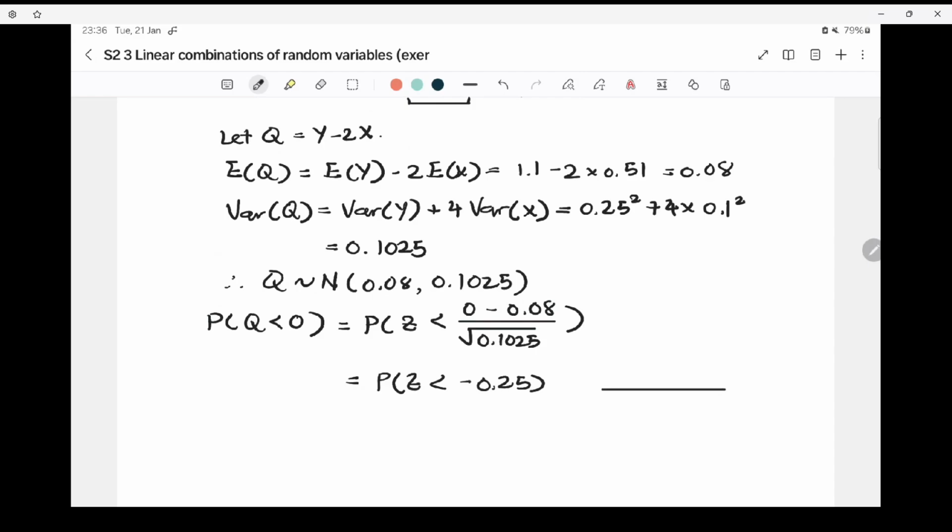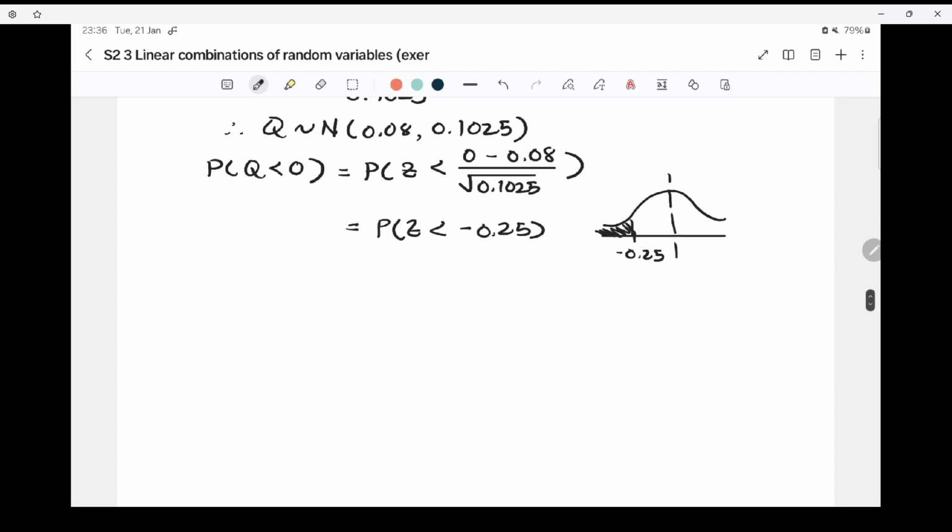So then you draw your bell curve. So this is minus 0.25 and this is the area that you need to find. So this will be 1 minus P(Z smaller than 0.25). Find out what is the value for 0.25. This will be 0.5987. So the final is 0.4013. So that's the answer.